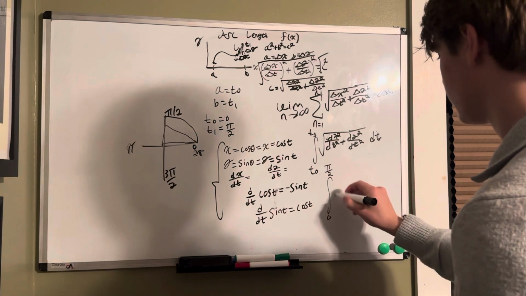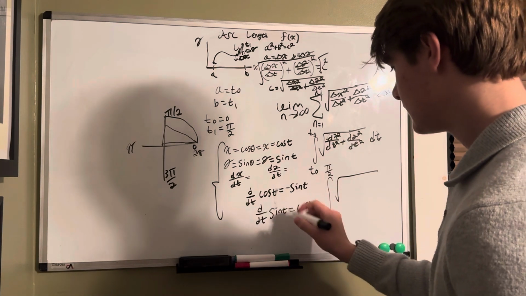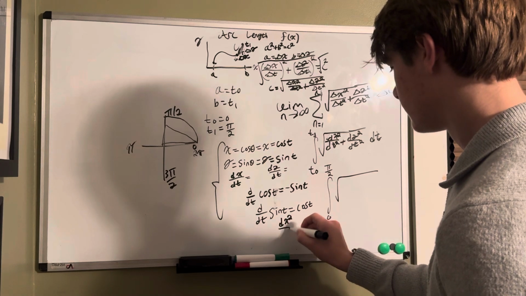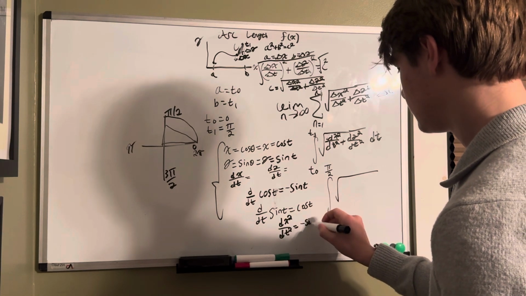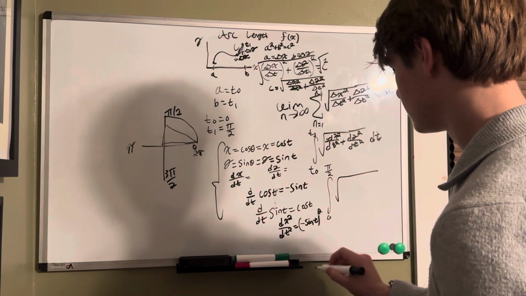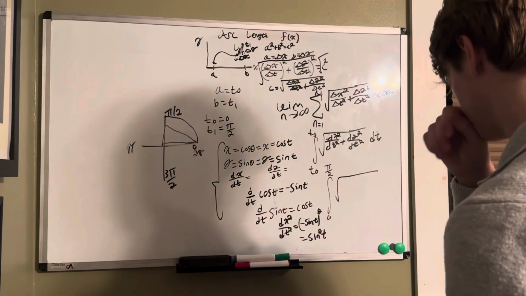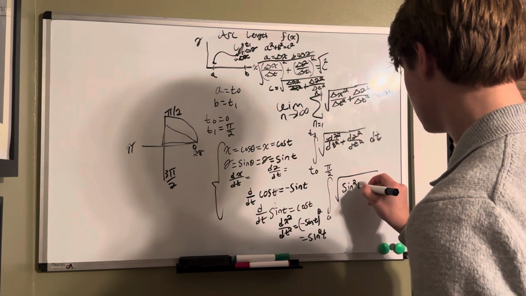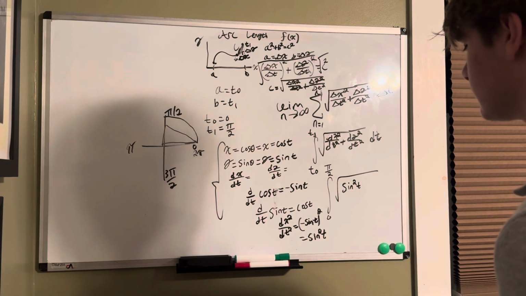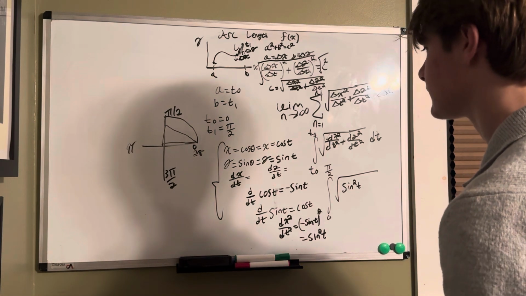the square root of, we have (dx over dt) squared. So essentially, (dx over dt) squared is equivalent to negative sine of t squared, which is sine squared of t. So what we get now is sine squared of t for the dx term.